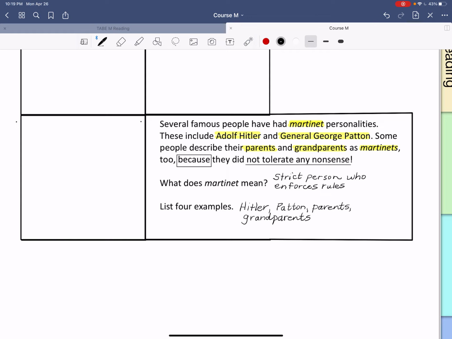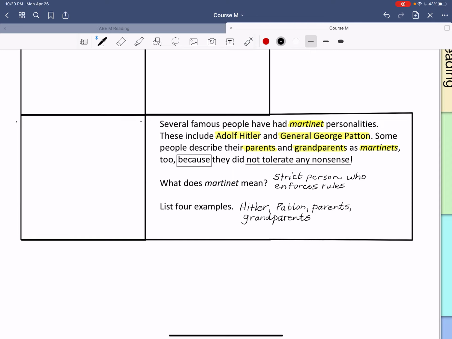So one of the answers a test might give you is a bad person. Well, my parents, my grandparents, General Patton, those do not fit the description of bad. So I wouldn't want to go with that one. Even though Hitler, I could say, was a bad person.